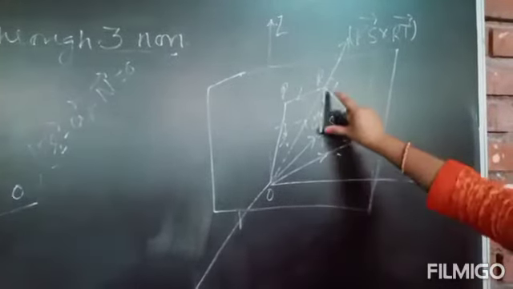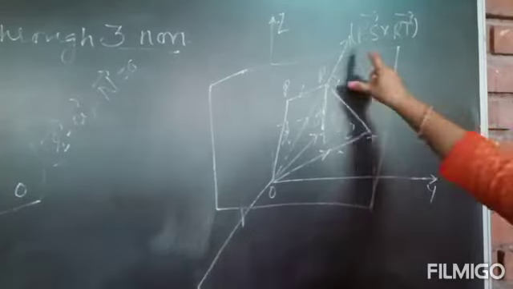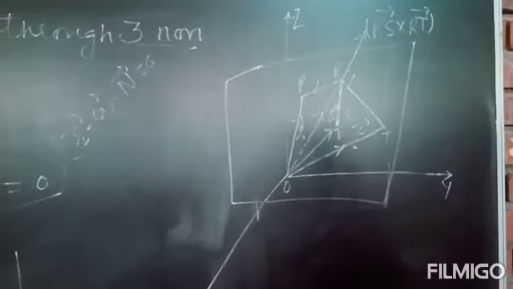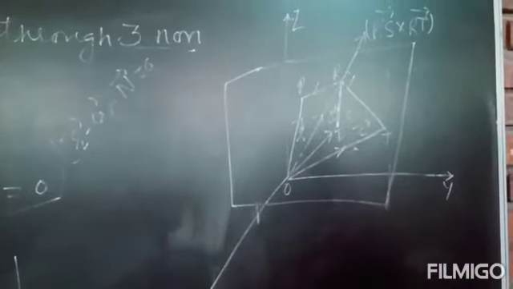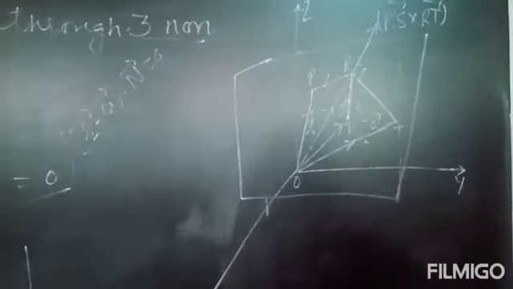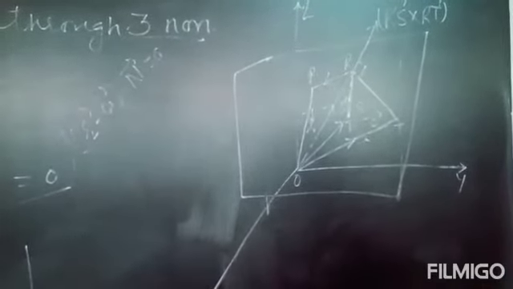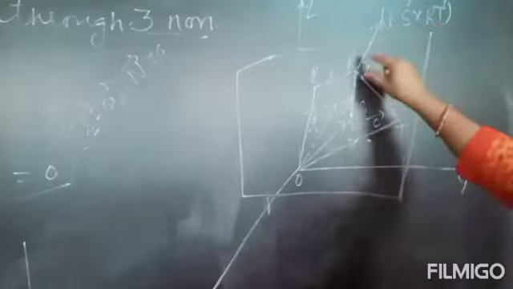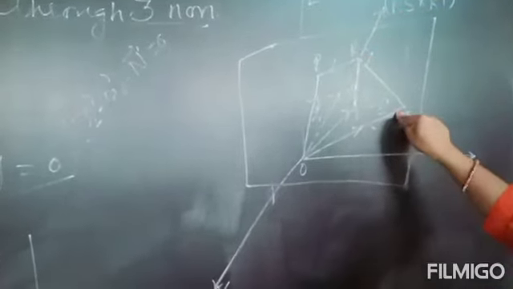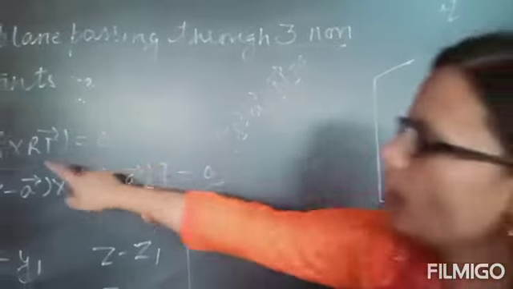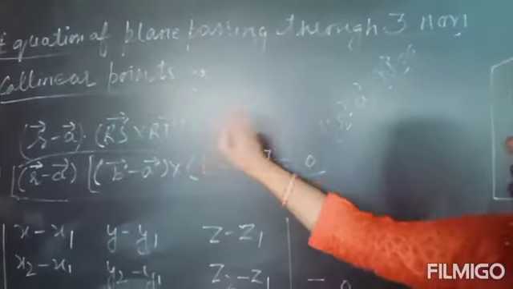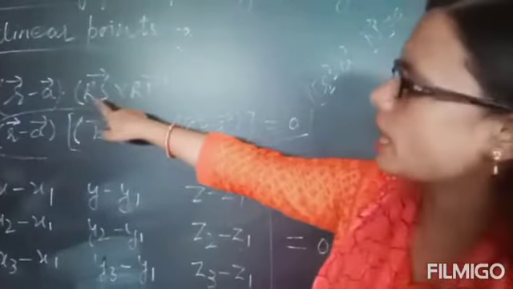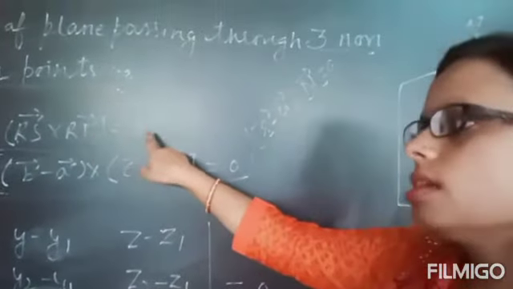On taking the cross product of RS vector and RT vector, we get the perpendicular, because the cross product of two vectors is perpendicular to both vectors. So at the place of n we put RS vector cross RT vector. So (r vector minus a vector) dot (RS vector cross RT vector) is equal to 0.